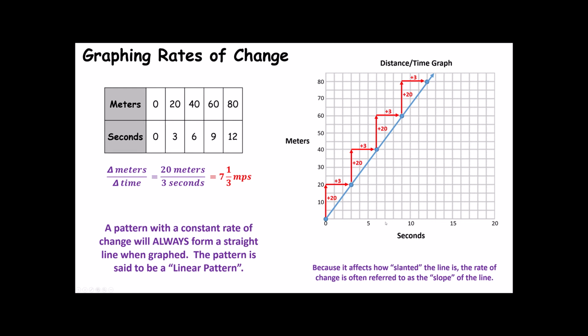The rate of change, the slantedness, and the slope of this line is always the ratio between how many meters I go up compared to the amount of time I go up. That's the first idea. The second idea is that if that rate of change is constant, you will always have a line or a linear pattern.